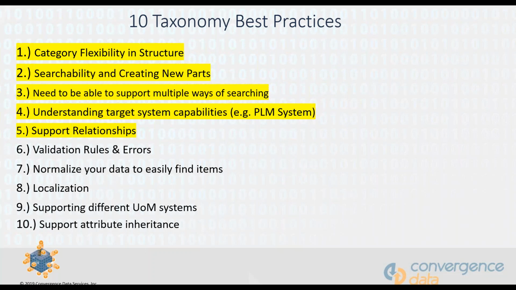Number 3, the need to be able to support multiple ways of searching. We'll walk through multiple ways of how you can use a taxonomy for searching. And then also the importance, if you're creating a taxonomy and putting it into a system like a PLM system, we'll walk through some use cases of how that all works. And then lastly, we'll talk about supporting relationships as far as it impacts a taxonomy.